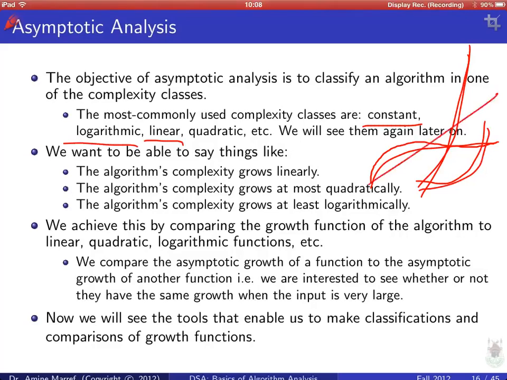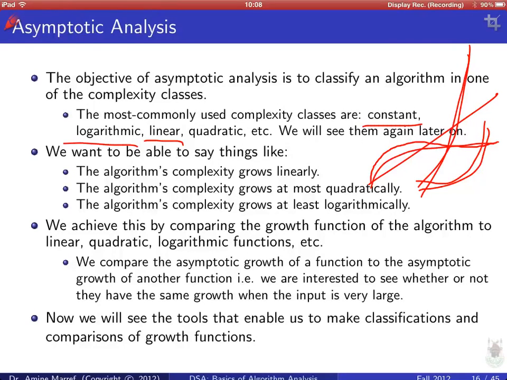So if we say f grows no faster than g, that means f grows at a rate which is smaller than or equal. So no faster means less than or equal, right? So f grows no faster than g.